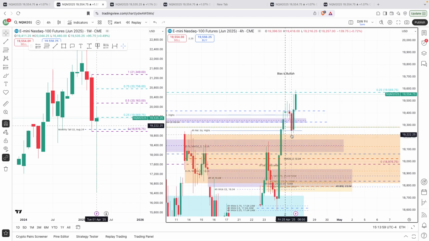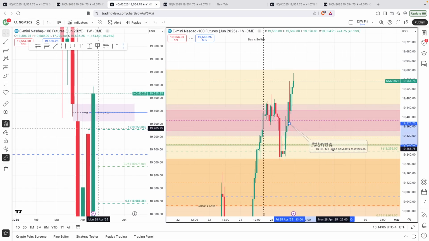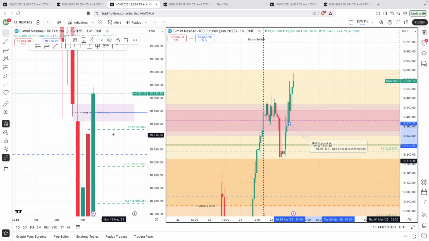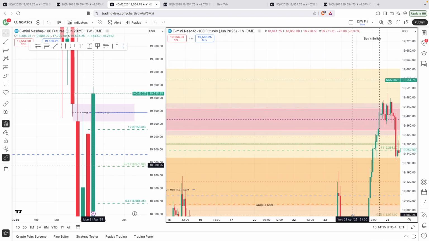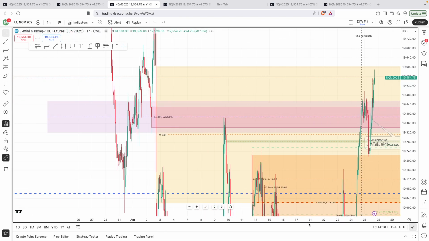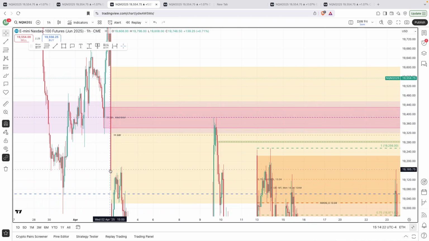So here we see touching the new week opening gap, then going higher. And here we see support at the week volume imbalance as well. And this is also a bearish breaker on the 1 hour, acting as an inversion level. Here we see the 1 hour bearish breaker.